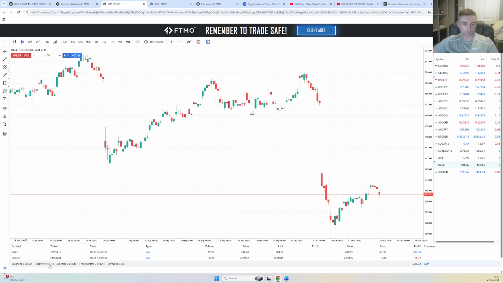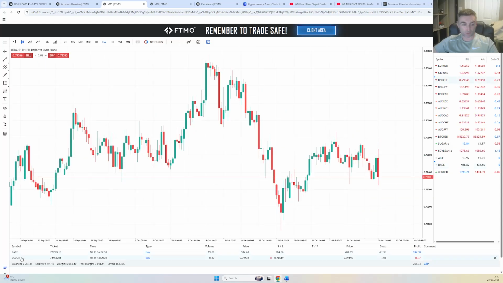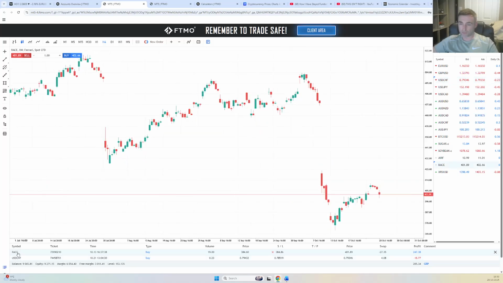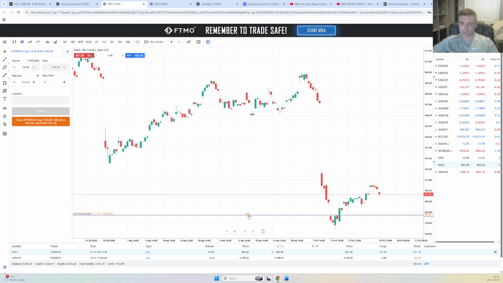Floating equity $9,270. But yeah, I've just got the same trade here, the USD-CHF and a Ferrari. The Ferrari trade's going okay at the moment. I'm a little bit over 1 to 1. I'm just going to trail. I think I've trailed my stop on that to break even. First chance I get, I'm just going to start trailing that.